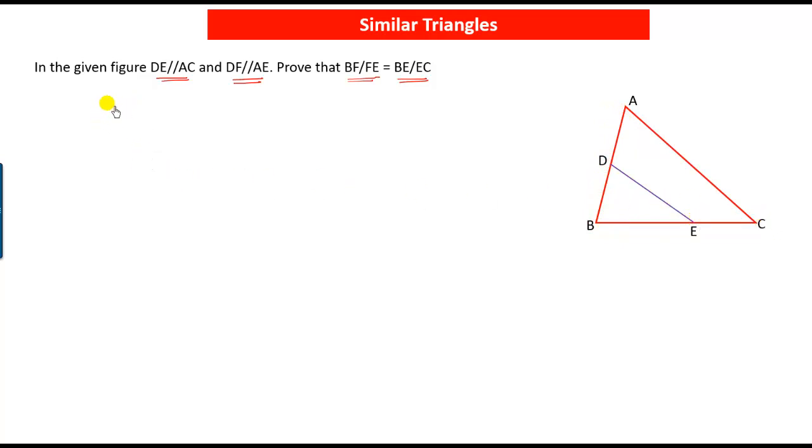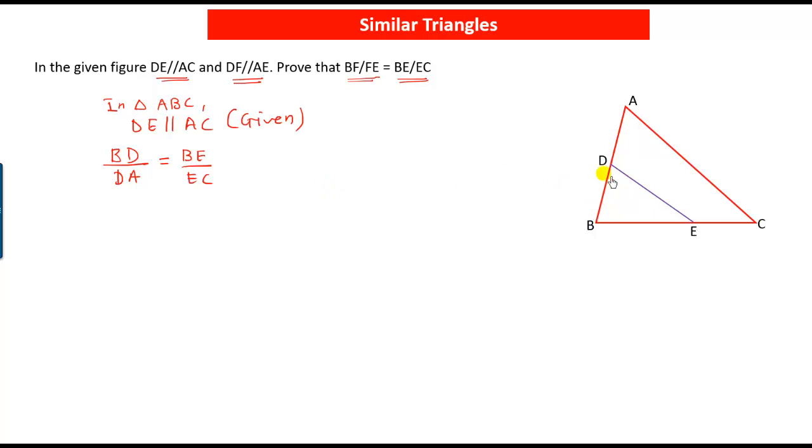So in triangle ABC, DE is parallel to AC, this is given, and therefore BD upon DA is equal to BE upon EC.